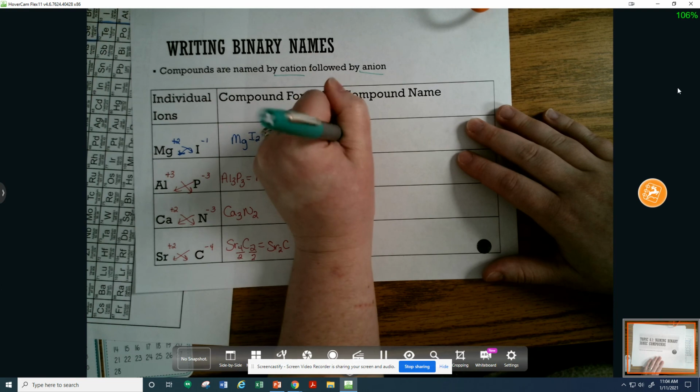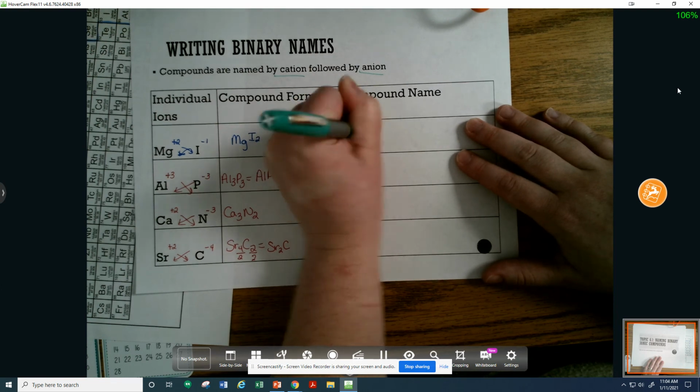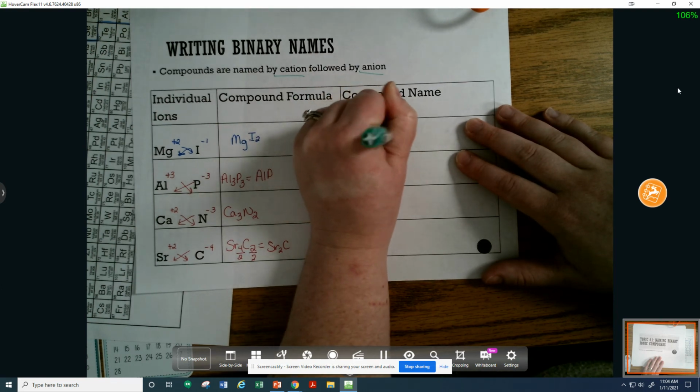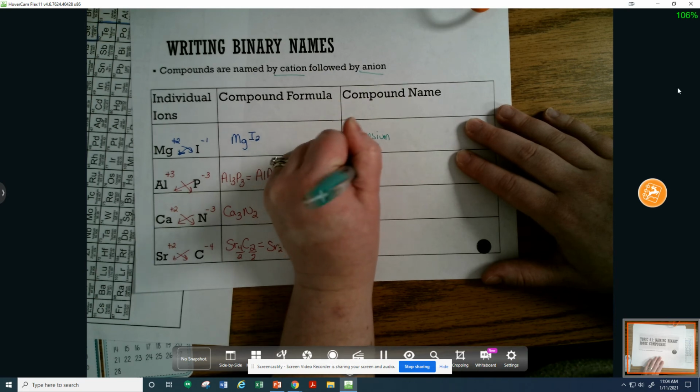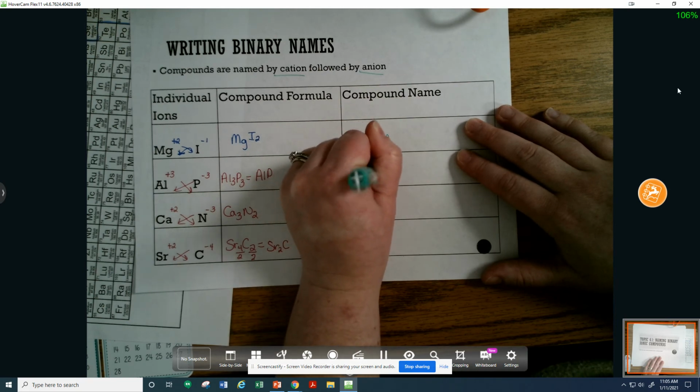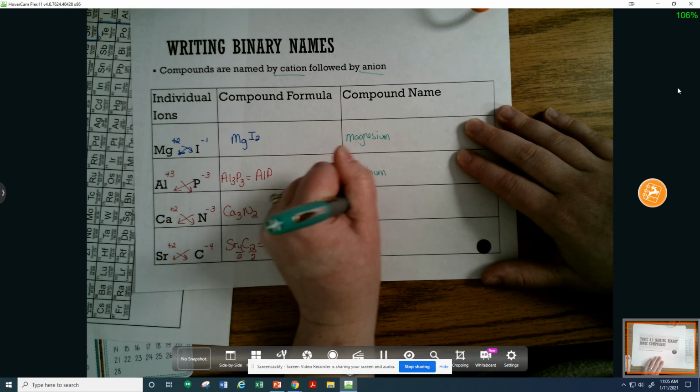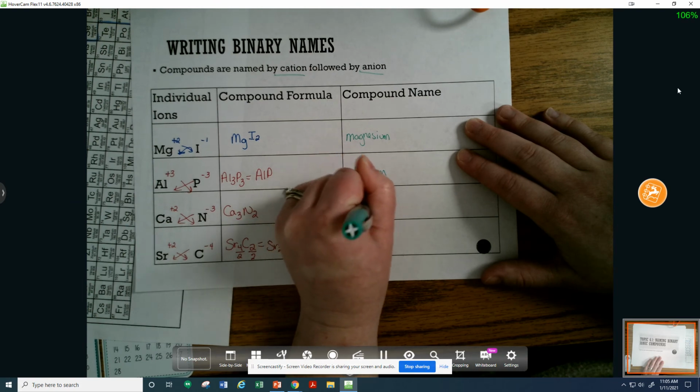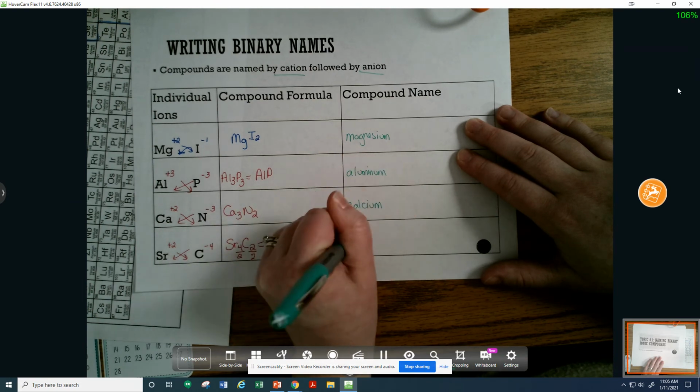So you would just name it as Mg is magnesium. Al is aluminum. Ca is calcium. And Sr is strontium.